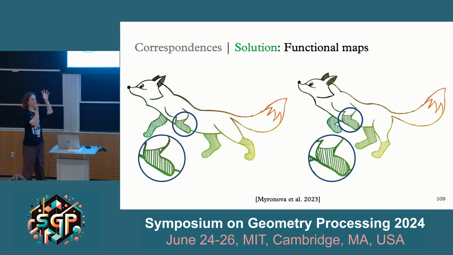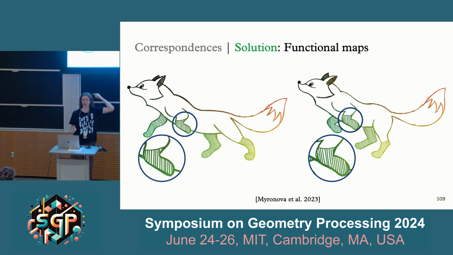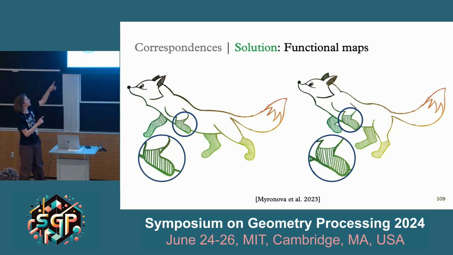Once you know what's interior and what's exterior, you can find a functional map, which, if you haven't heard of this one, is essentially where the color represents which point goes where. So similar colors are corresponding points. It looks good on the slide, but it's not good in practice.